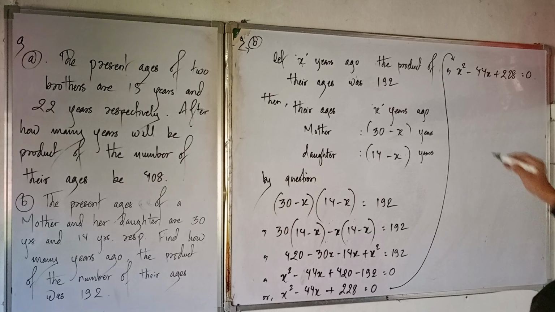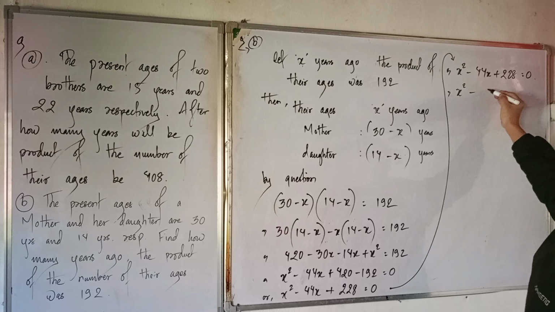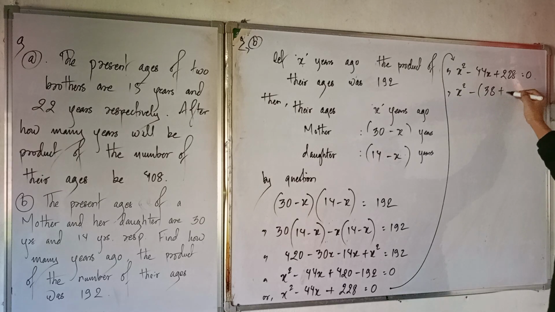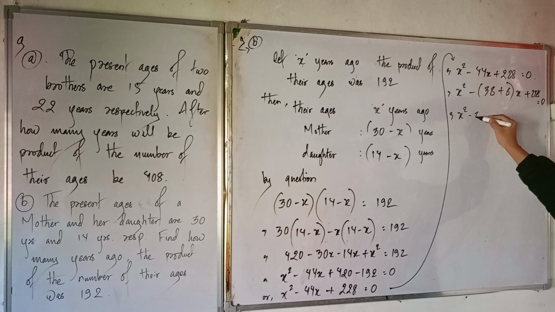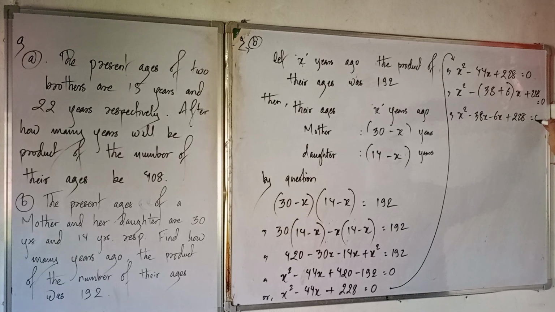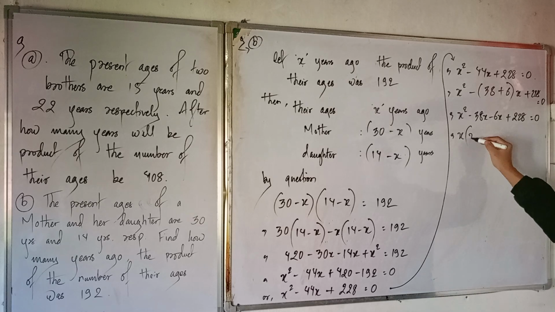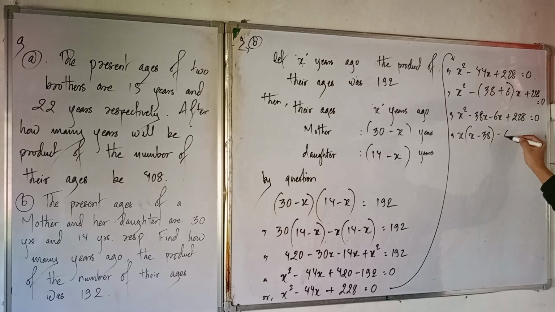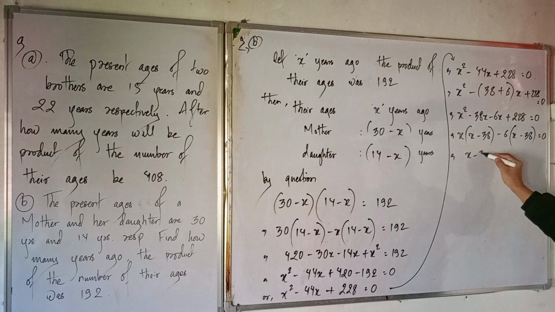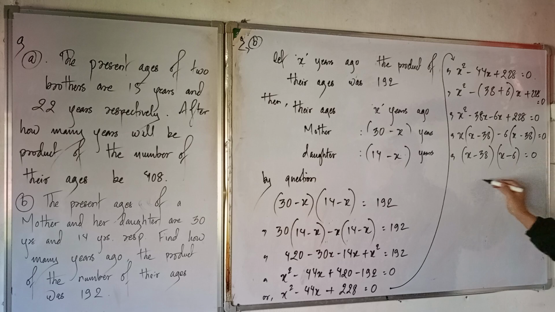38 and 6. So x squared minus 38x minus 6x plus 228 equals 0, or x minus 38 times x minus 6 equals 0.